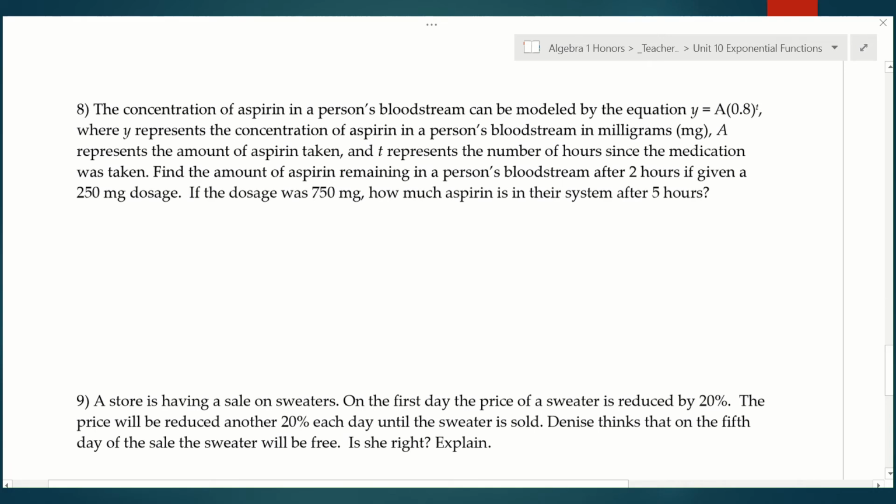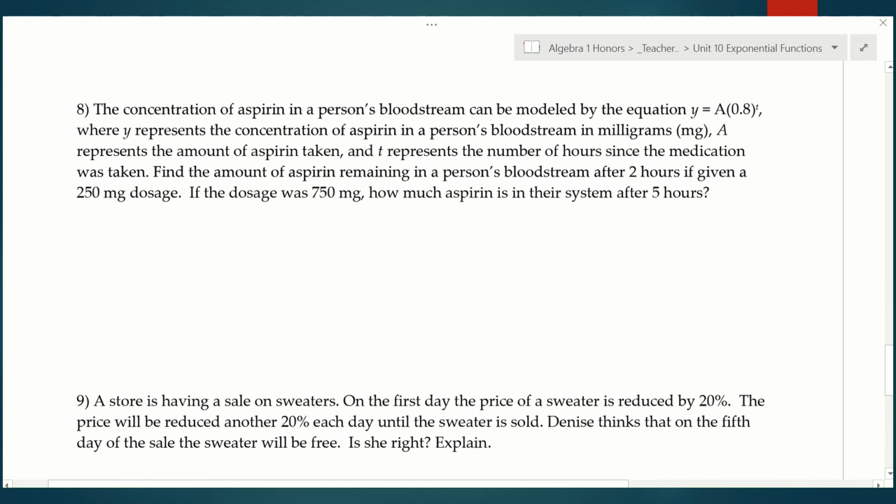All right, so number 8 says the concentration of aspirin in a person's bloodstream can be modeled by the equation y equals A times 0.8 to the t power, where y represents the concentration of aspirin in a person's bloodstream in milligrams, A represents the amount of aspirin taken, and t represents the number of hours since the medication was taken.